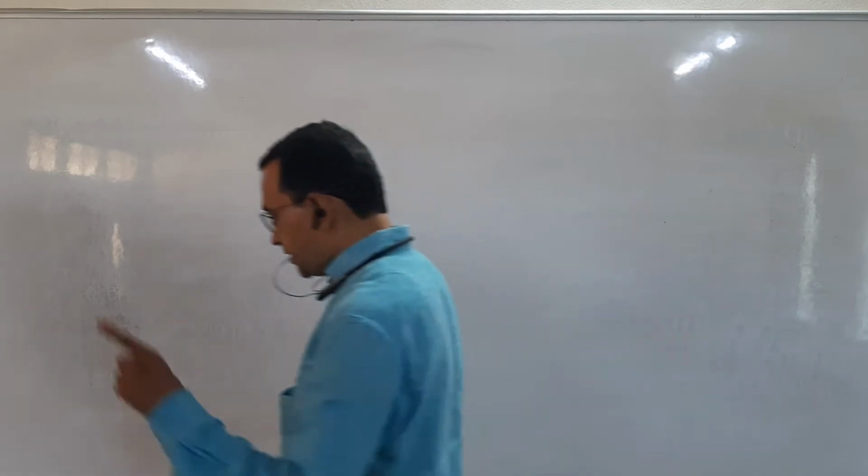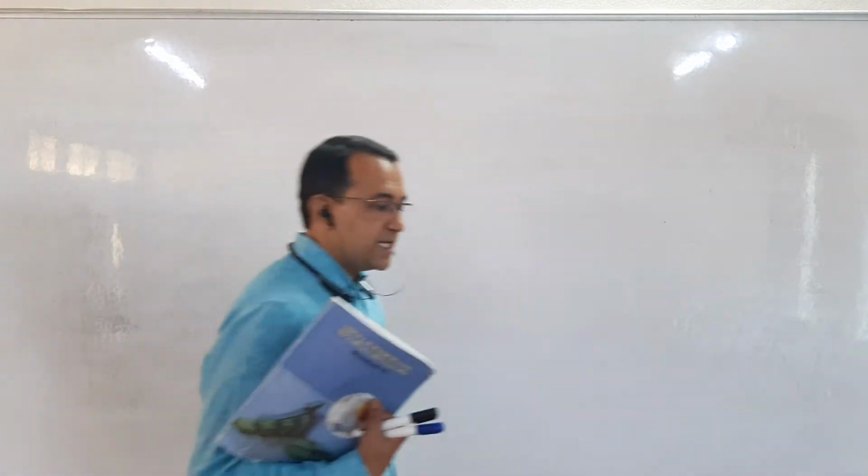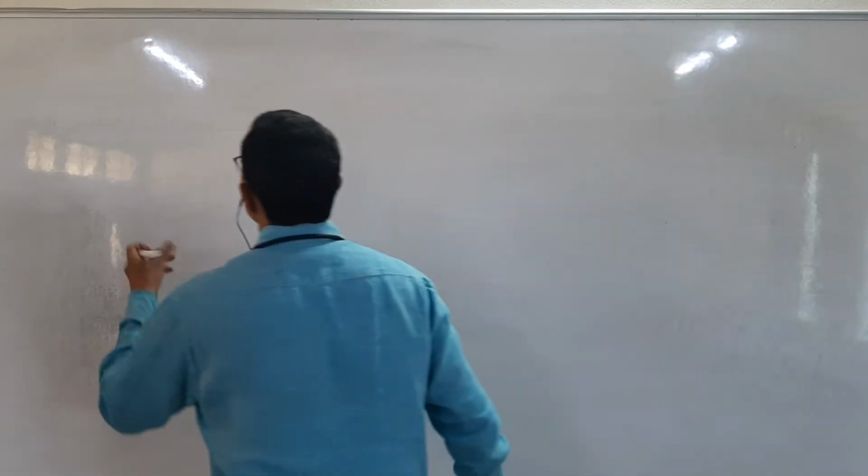Third, mode is not affected by the highest and lowest observation of the given data. And fourth, mode can be obtained graphically. What is, students, the fourth advantage? Mode can be obtained graphically.